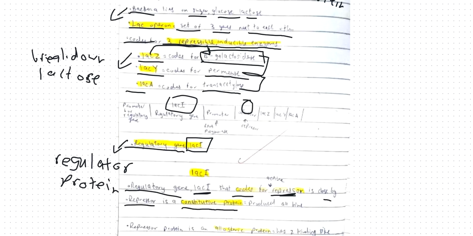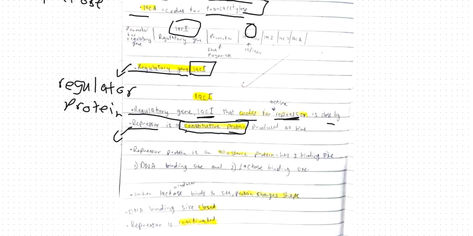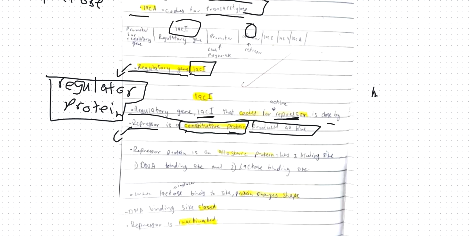Remember, the repressor protein that this regulatory gene codes for is constitutive. Constitutive means that it is produced at all times. No matter if transcription is happening or not, this regulatory gene will always code for this protein. Whether you have transcription or not, it doesn't matter, it will still be produced.